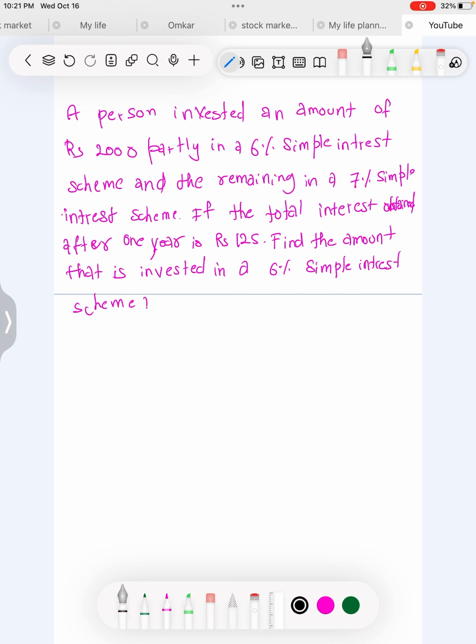So it was said that a person invested an amount of 2000, partly in 6% simple interest scheme and remaining in 7% simple interest scheme.